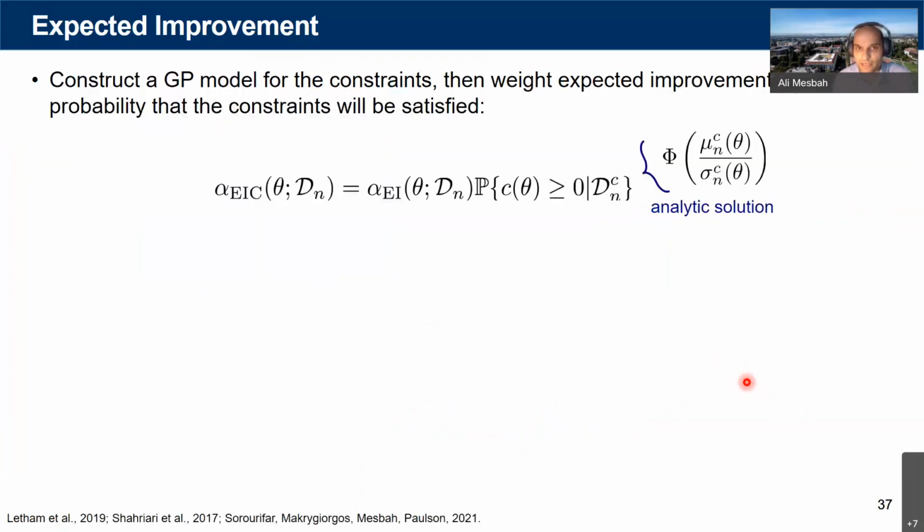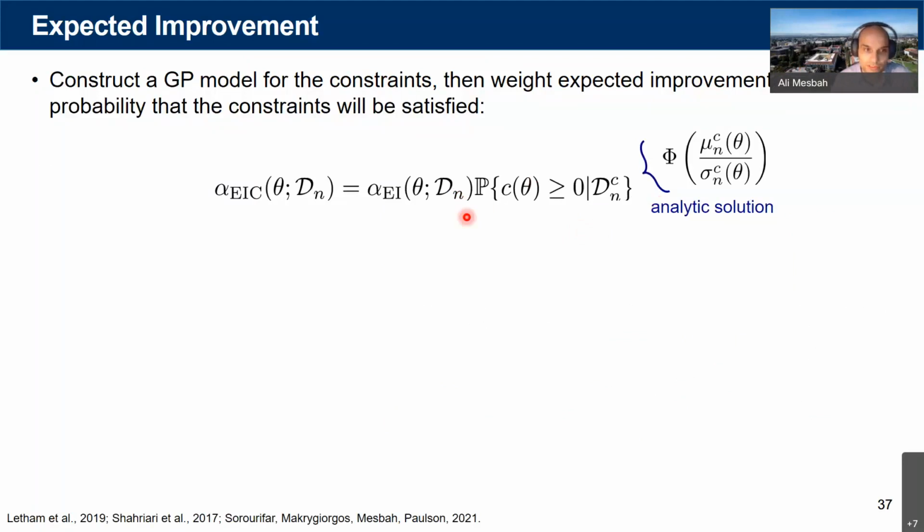So in fact, constraints can also be dealt with in the same manner. We can again learn some GP surrogate model for the constraints, and then we add a weight to our acquisition function. Essentially, this weighted acquisition function, which again can be solved analytically, tells us the expected improvement when the constraints are fulfilled.